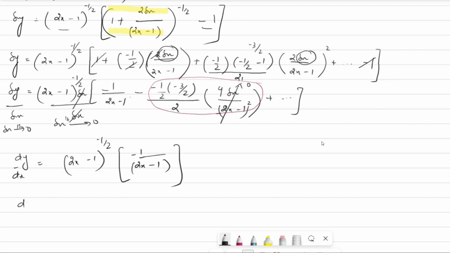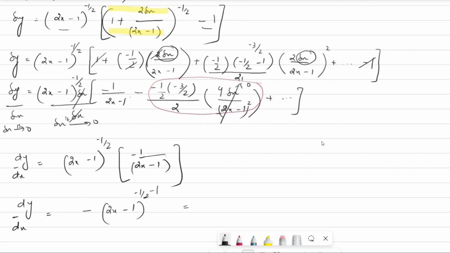Fine. So dy by dx is equal to minus (2x minus 1) whole raised to the power minus 1 upon 2, and this positive one, when it goes to the numerator, it will be minus 1.